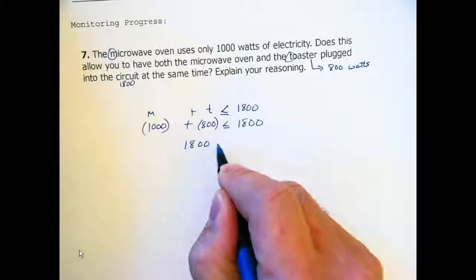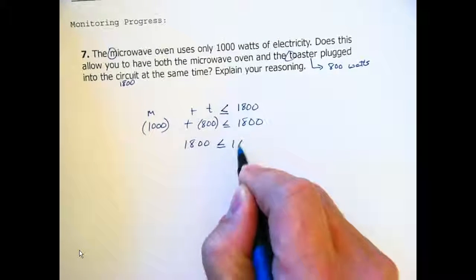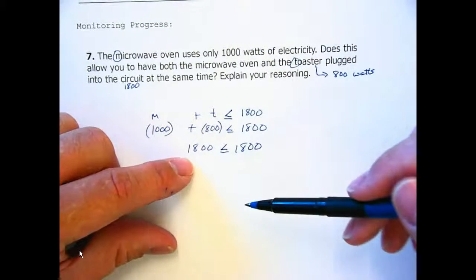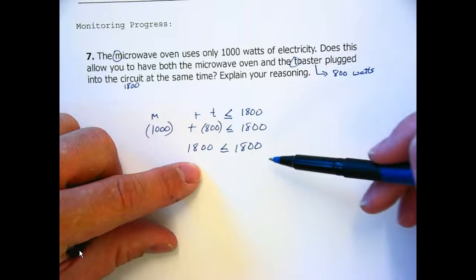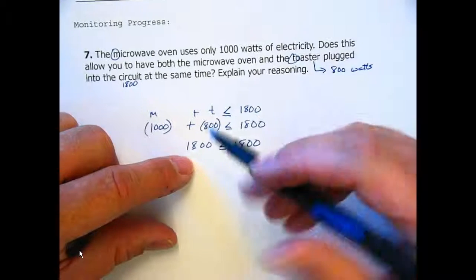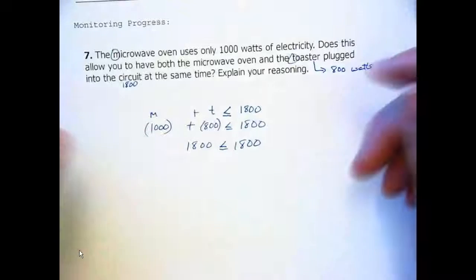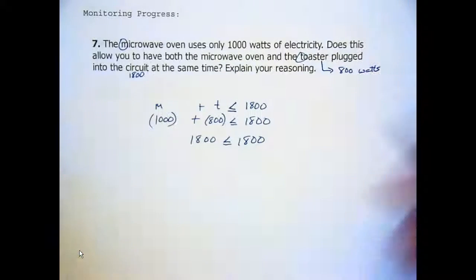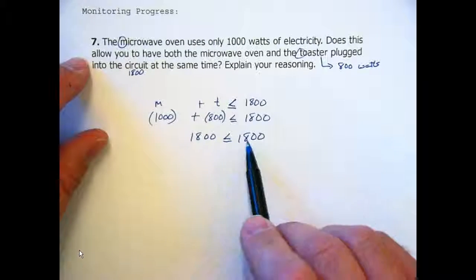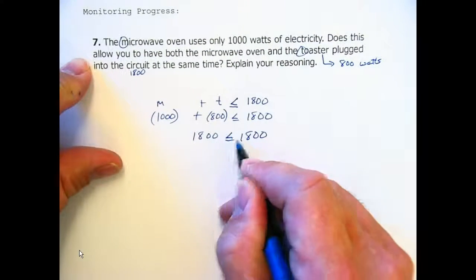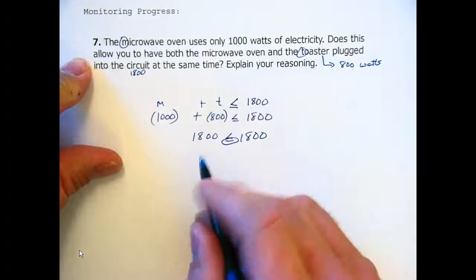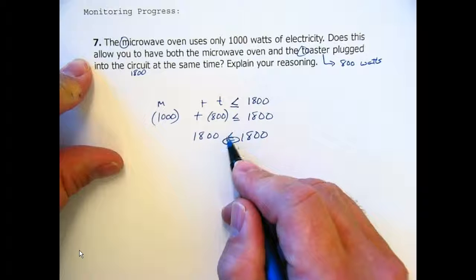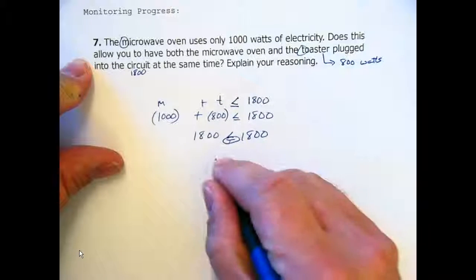Is 1,800 less than 1,800? No. However, is it equal to? Yes. So being able to apply that here is a little more complex. That's not greater than, but it is equal to. Because it allows less than or equal to, we're good. The answer is yes.